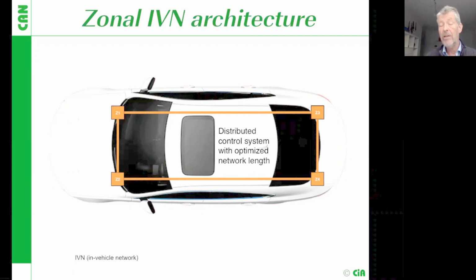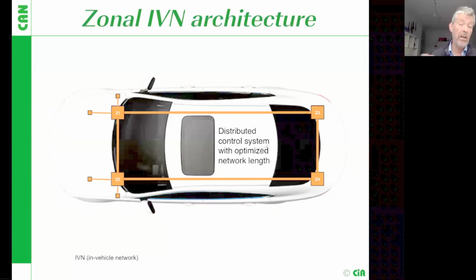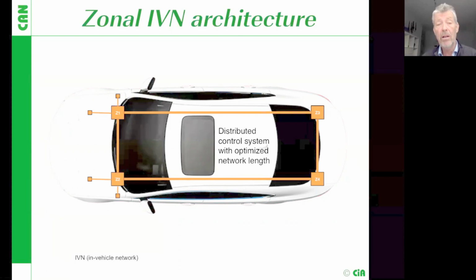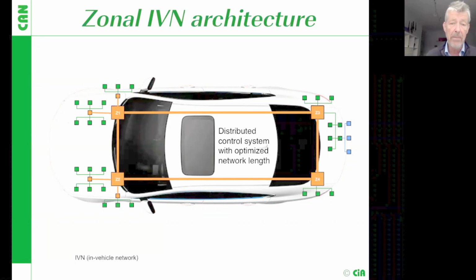However, you still have a lot of sensors and actuators which are more simple, and they will not be connected directly to these powerful ECUs. So in some cars they use some sub-zonal networks, and below that even the traditional ones, like CAN, LIN, FlexRay, or whatever you have implemented.